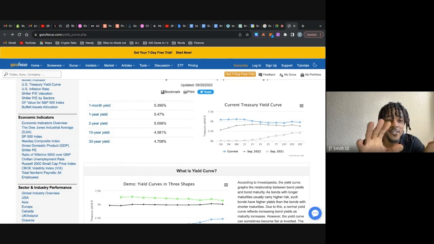And so I should add this in as well. The Federal Reserve, so they directly control the short end of the curve. They don't have as much control. They don't have really any control on the longer end of the curve. But by manipulating interest rates, they directly affect, you know, up to the 10-year effectively. And so that's why some people use the bond market as like an indicator where the Fed funds rate is going to be.